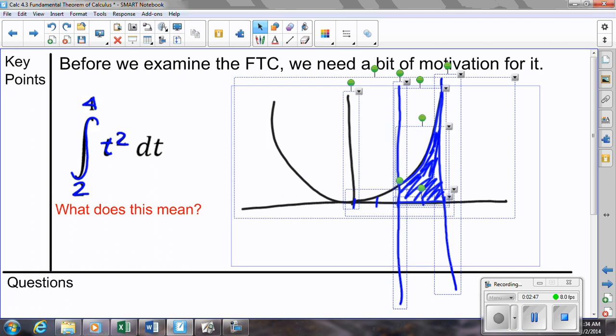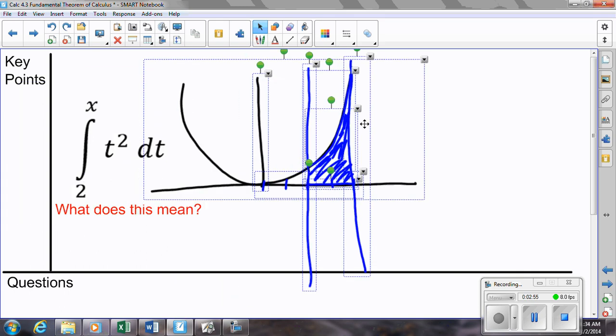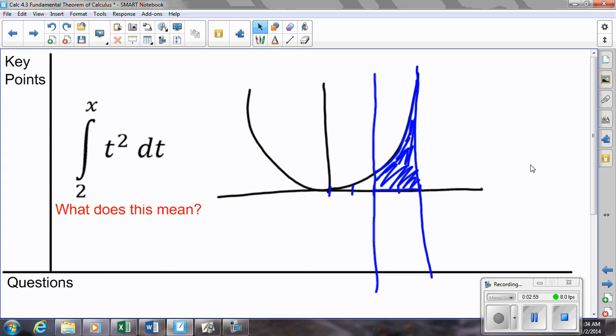Well, this is a piece that I need to copy and then put it on our next page, because looking at it, how is this different than what we were just seeing? On this one, you correctly noted, we're not going up to a 4. We're talking about the area from 2 up to some number.